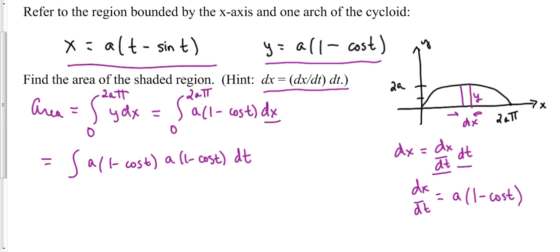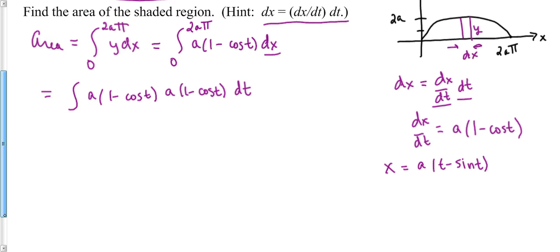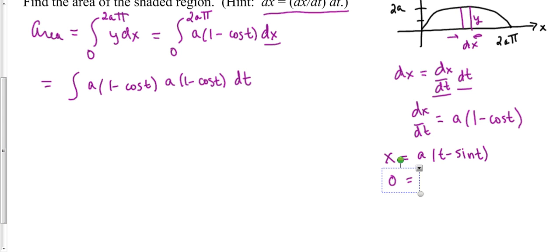So I need to resolve that. Remember, x is equal to a times (t minus sine t). When x is equal to 0, what do I want t to be equal to? Well, if I let t be equal to 0 as well, then both sides of this would be equal to 0.